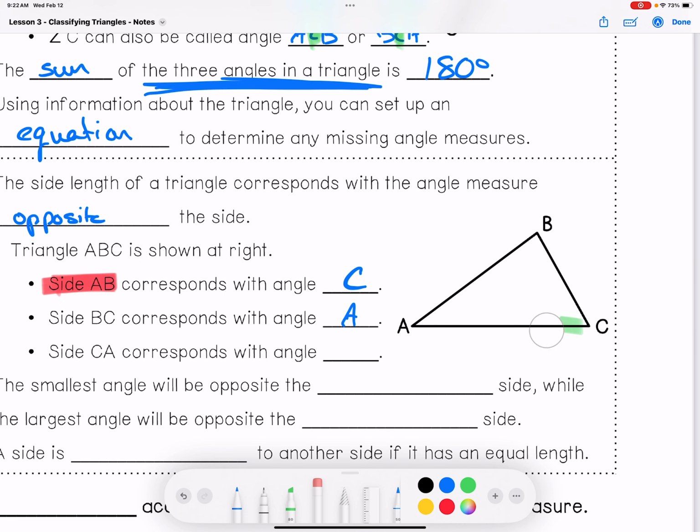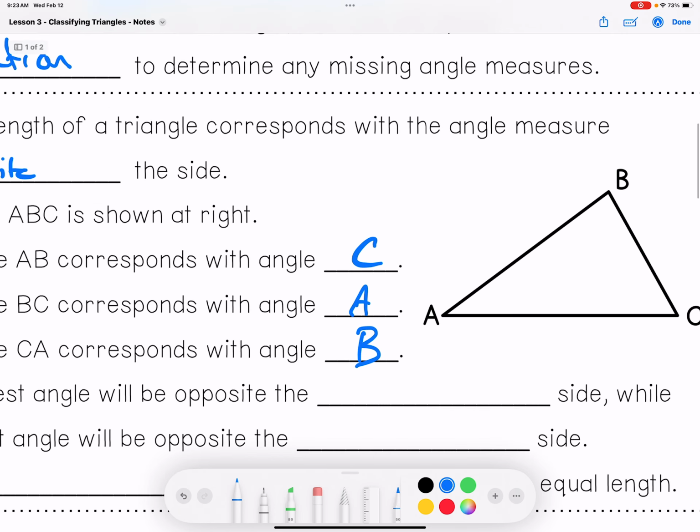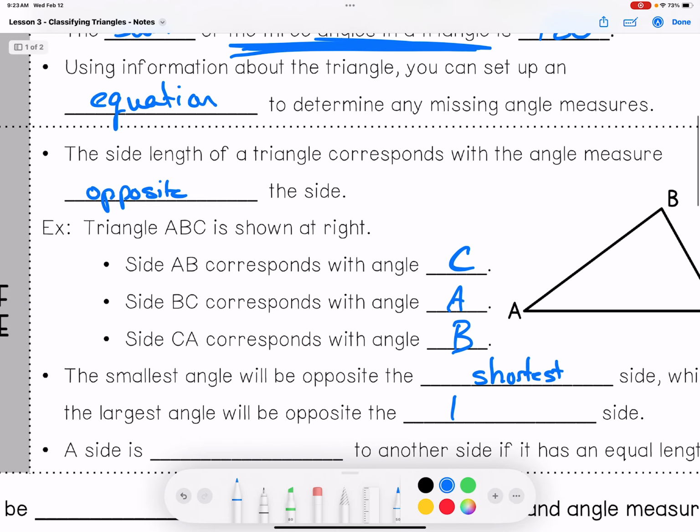B. The smallest angle will be opposite the shortest side, because they do have a direct correspondence, while the largest angle will be opposite the longest side.